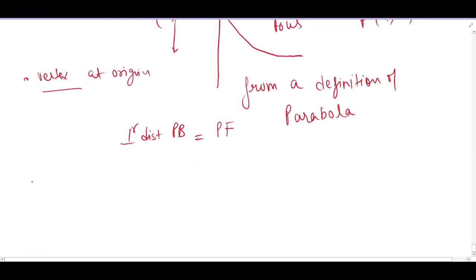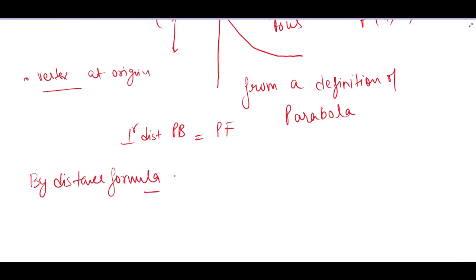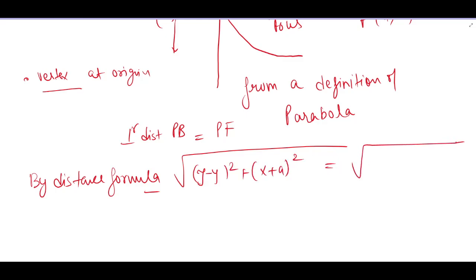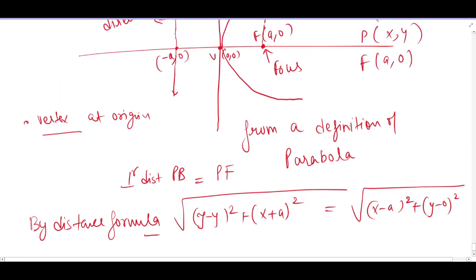So by distance formula, root of y minus y whole square plus x plus a whole square equals root of x minus a whole square plus y minus 0 whole square.